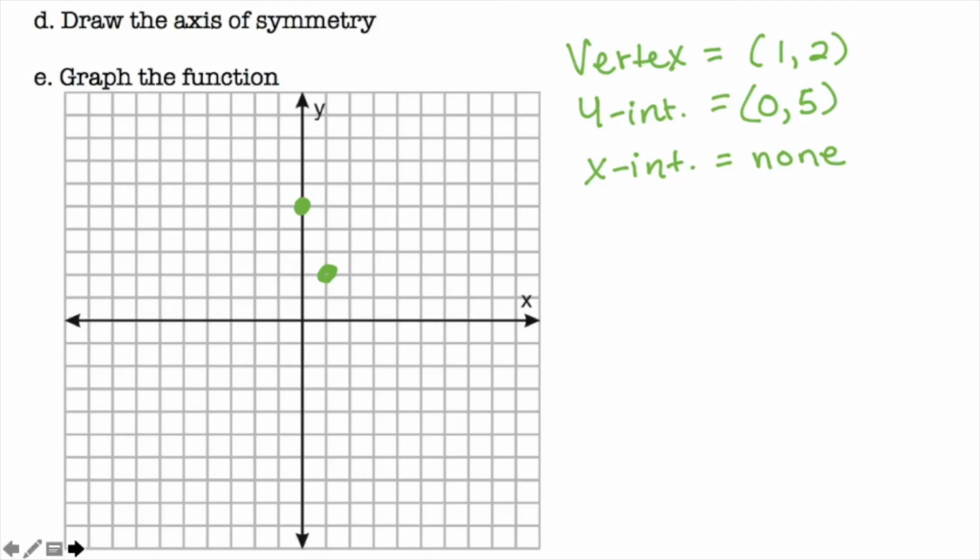However, we do know that the axis of symmetry goes down the vertex, so the axis of symmetry makes that parabola symmetric. So we can put another point on the other side, to the right of it, right where that y-intercept is, but just to the right of the axis of symmetry. So watch the graph. There's our other point. Now we can actually make our parabola, and that's what our parabola is going to look like. And that's why there are no x-intercepts, because if you can see, the parabola never crosses the x-axis.